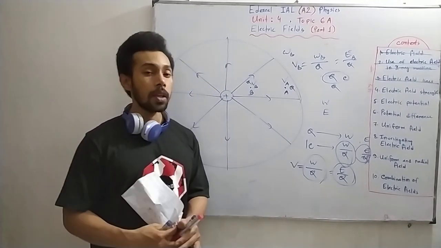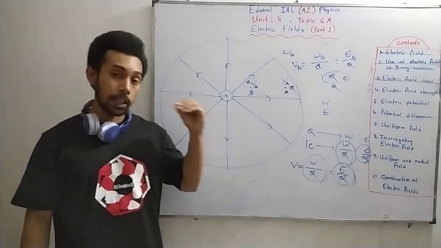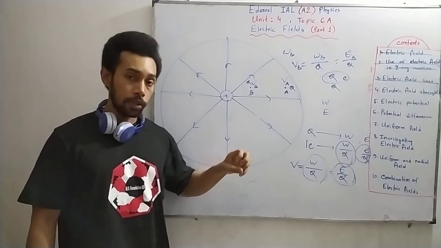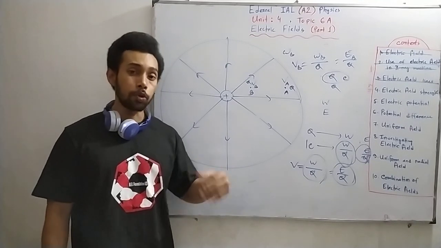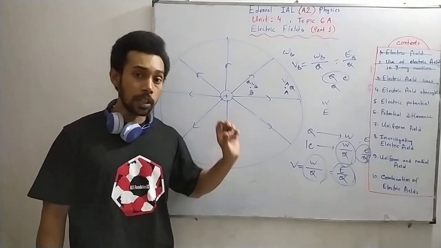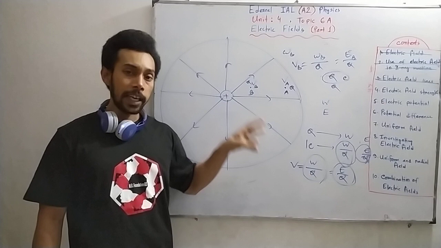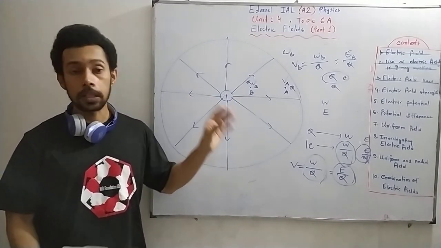What is it? The electric potential of a particular point within an electric field is defined as the work done or energy transfer to bring unit charge into that point from infinite distance.